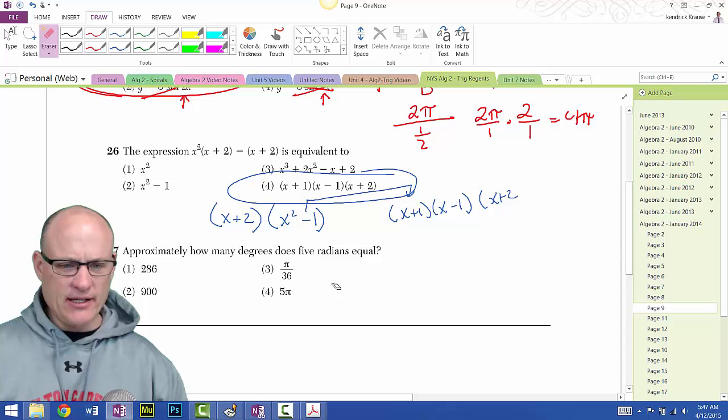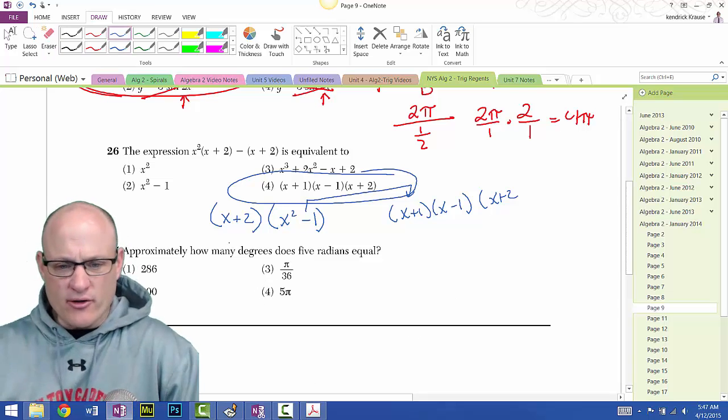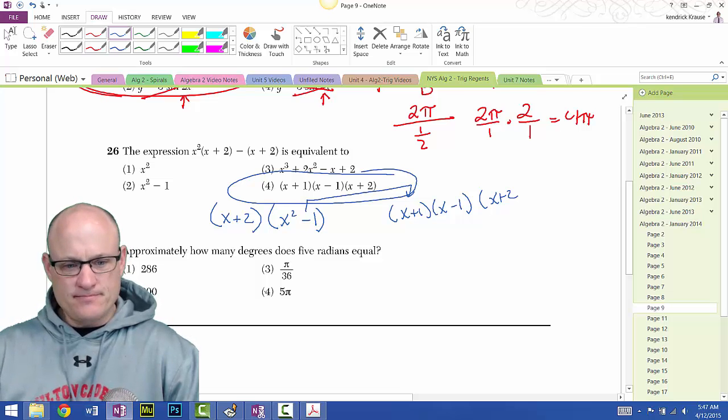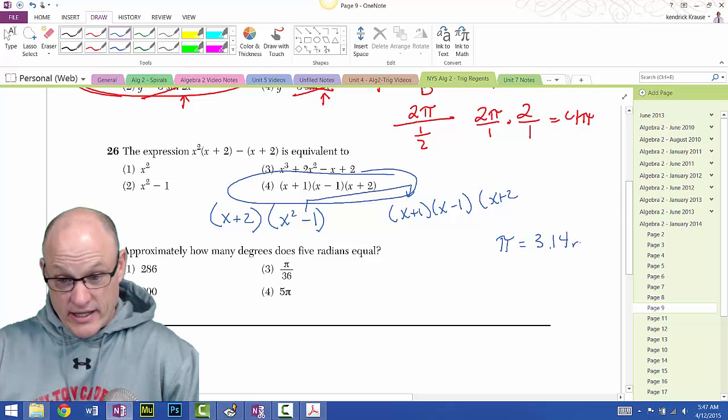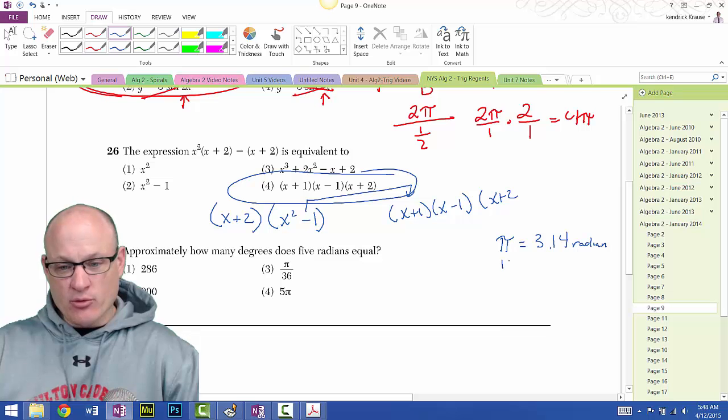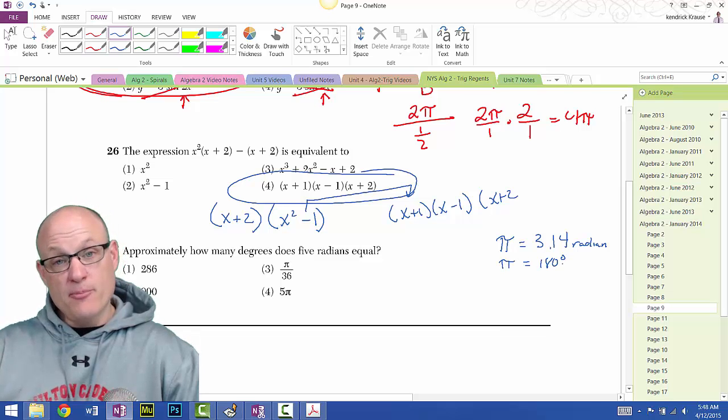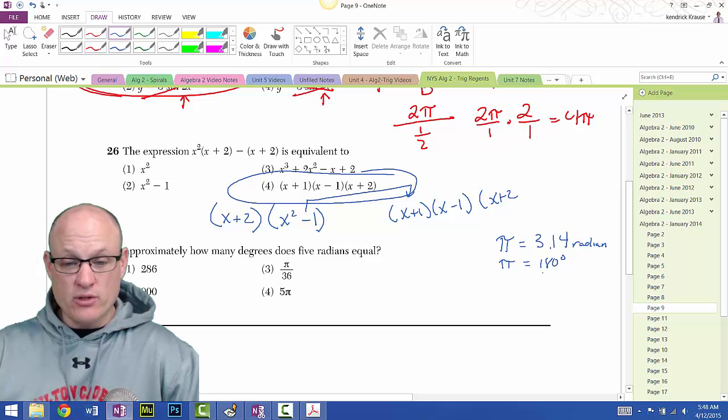And finally, number 27. How many degrees are there in 5 radians? All right, so let's talk about radians real quick. Would you all agree pi is equal to 3.14 radians? Pi is also equal to 180 degrees. So 3.14 radians is really 180 degrees.